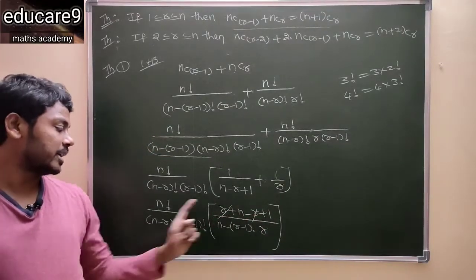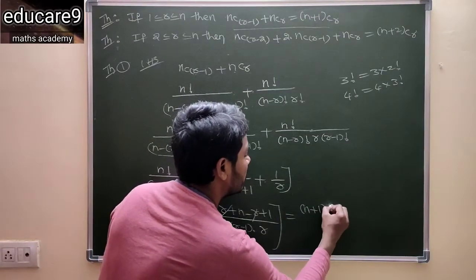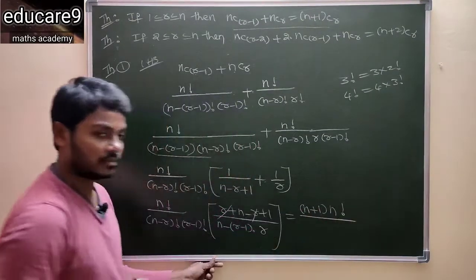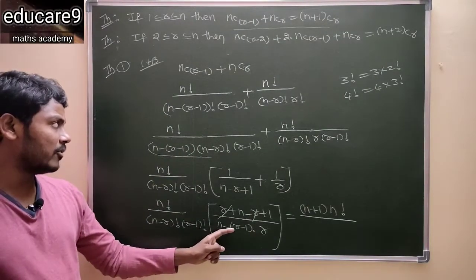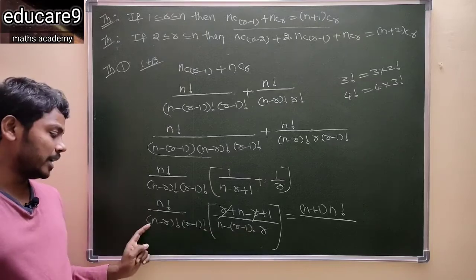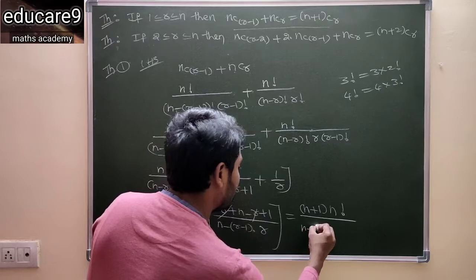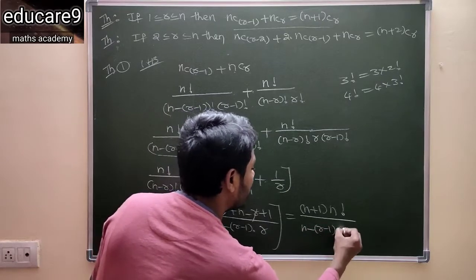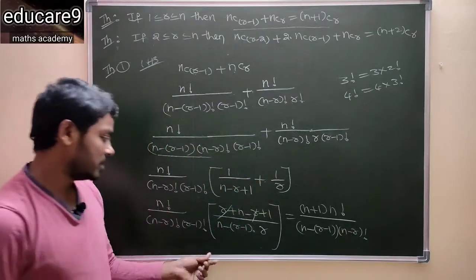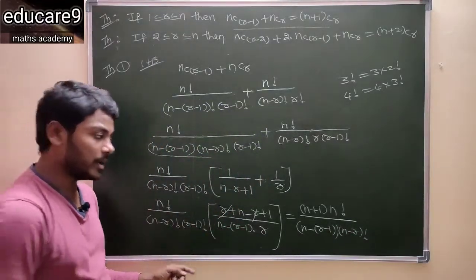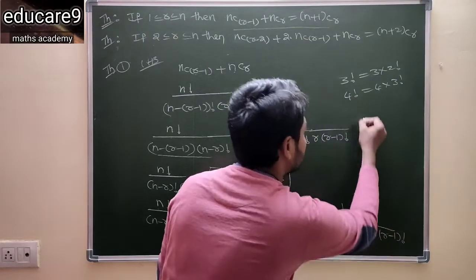This is (n plus 1) into n factorial, divided by (n minus (r minus 1)) into (n minus r) factorial, and again r into (r minus 1) factorial.